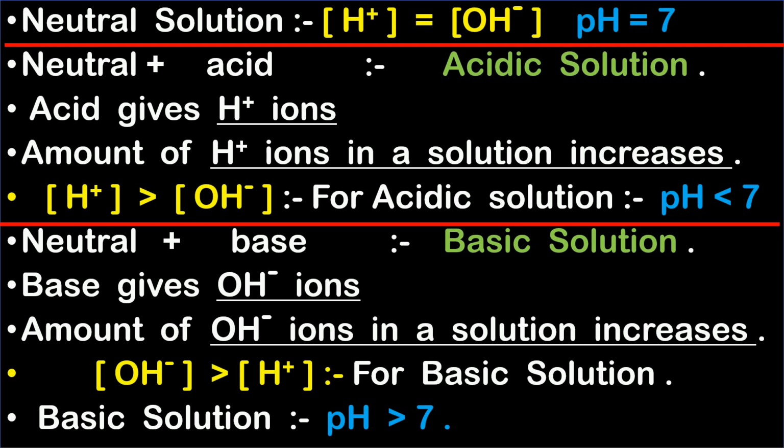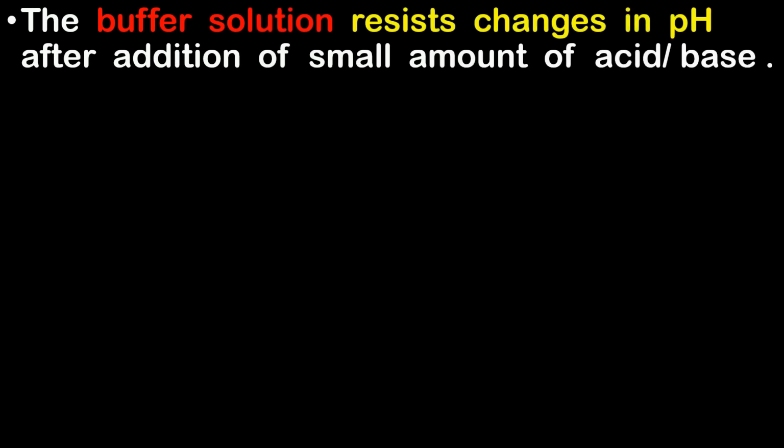Now guys, observe one thing over here. For a normal solution, if you add an acid or even if you add a base, the value of pH changes. But in the case of a buffer solution, the buffer solution resists changes in pH after the addition of a small amount of acid or base. What is the meaning of this?